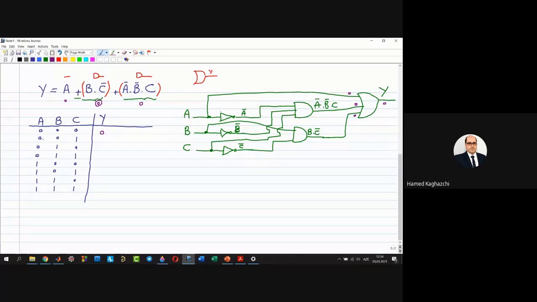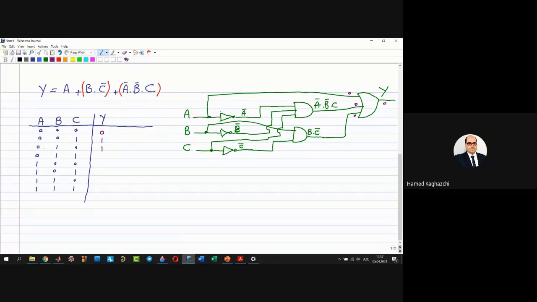Now, what about 0, 0, 1? You can say that because the result of this parenthesis will be 1, and I have also OR, it doesn't matter the rest of the equation. I will have 1. What about 0, 1, 0?